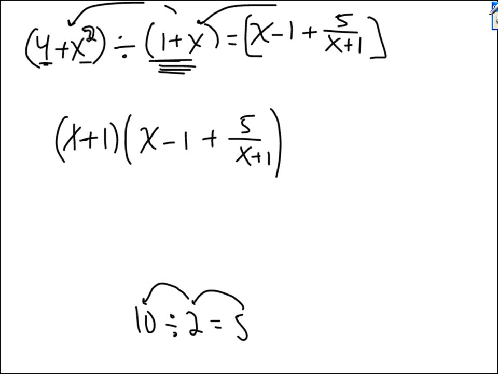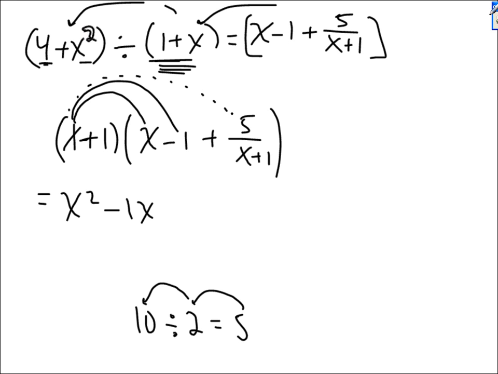I'm going to multiply by the 5 over x plus 1 at the end. I'm going to do x times x. That gives me x squared. I'm going to do x times negative 1. That gives me negative 1x. Then I need to multiply 1 times x.